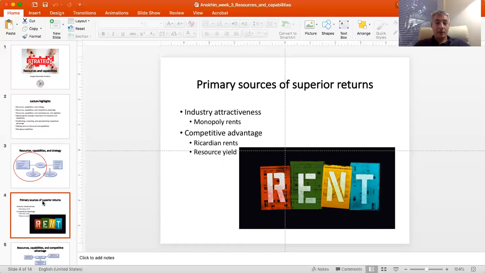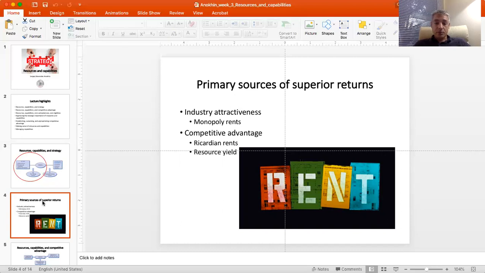And if you're in an industry where competitive forces are such that you could enjoy monopolies, then definitely industry attractiveness is very important to you. You try to make use of those resources over which you have monopoly, and you exercise your power in this way, and this becomes the source of your above average returns that you hopefully would sustain into the future.